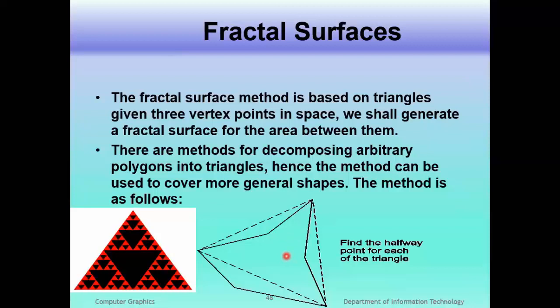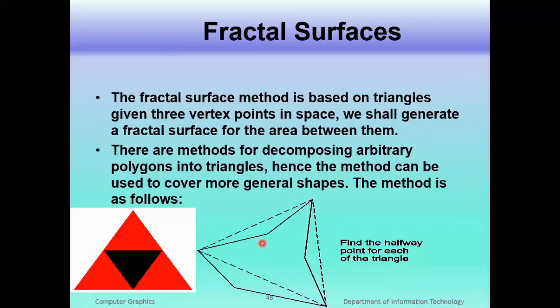The fractal surface can be generated by performing a few steps. Like first, we will use the fractal line algorithm on each edge of this triangle, computing its halfway point by the same logic as that of fractal lines which was seen earlier. Connect these halfway points by line segments.